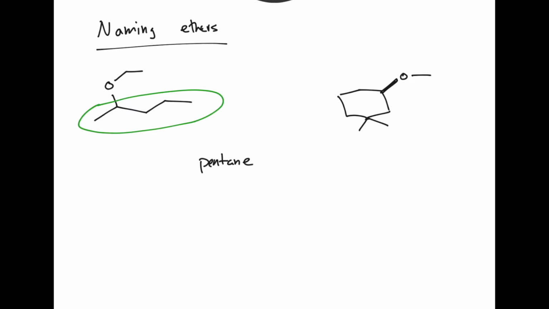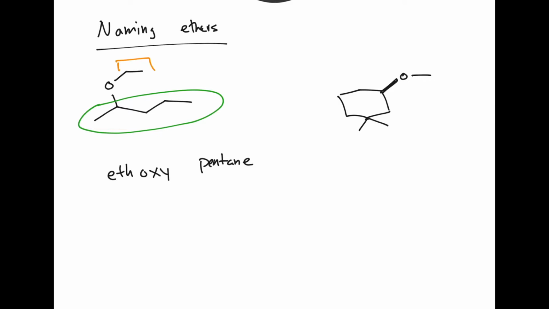And now the ether name is the beginning of the name for the number of carbons on the chain bonded to the oxygen. So it's 2 carbons, right? Ethane. You keep the eth, and then to say that there's an oxygen, you put oxy. So it's ethoxy.